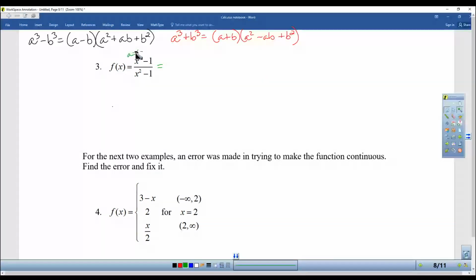A is equal to X, B is equal to 1. Ignore the sign. B is not negative 1. B is just 1. And then since it's a minus, use this formula. In other words, the formula puts the signs in for you, which is just great. A squared, A times B, X times 1, and plus B squared.